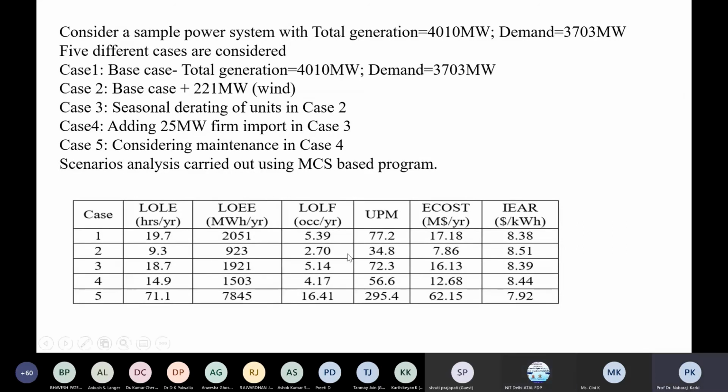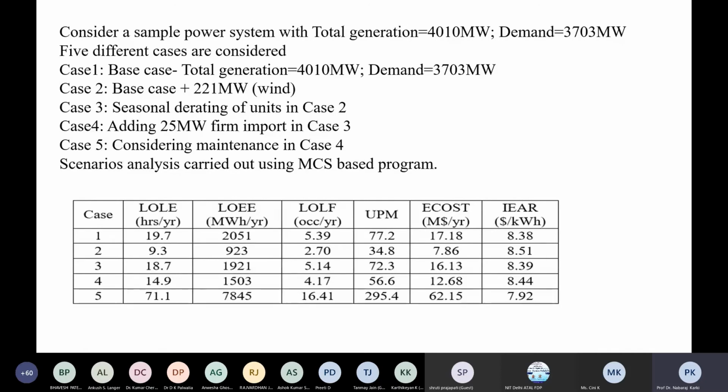But contrary to that, this interrupted energy assessment rate, IEAR, is highest in case 2 and lowest in case 5. Usually this IEAR value is considered constant for a given system, but you can see it changes slightly.